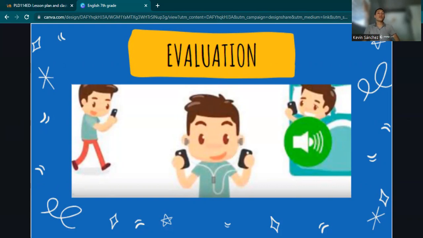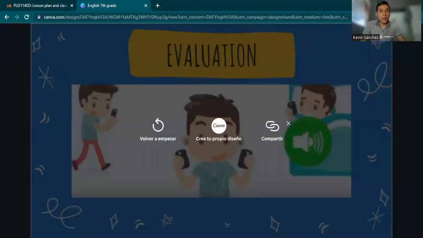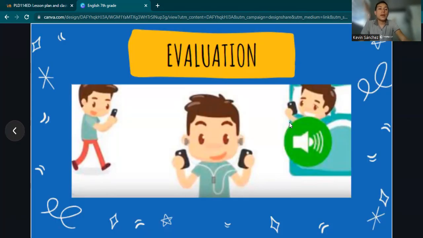You are going to introduce another person. That could be a famous person, your mom, your father, your brother, whatever you want. And then you're going to record an audio and share it in the WhatsApp group, or you can send it by inbox to my WhatsApp.